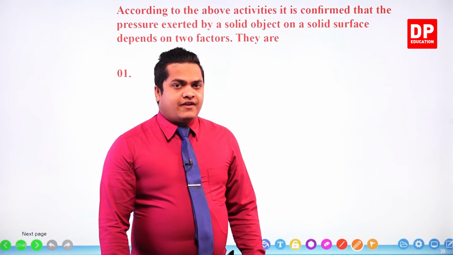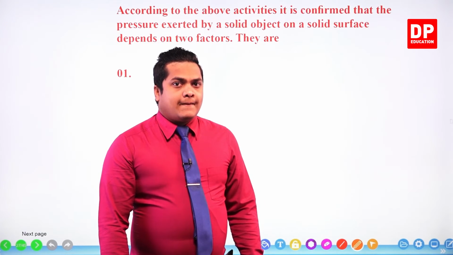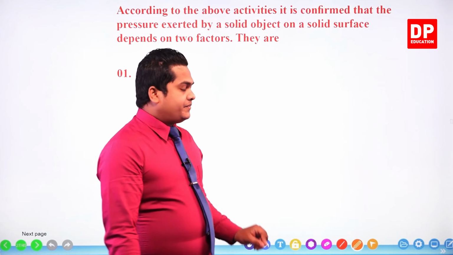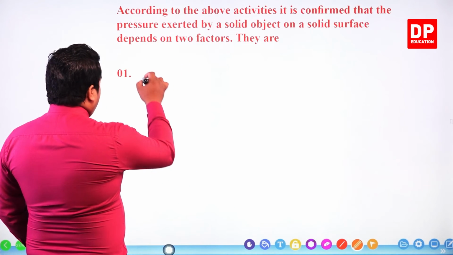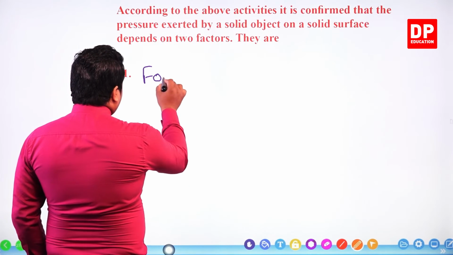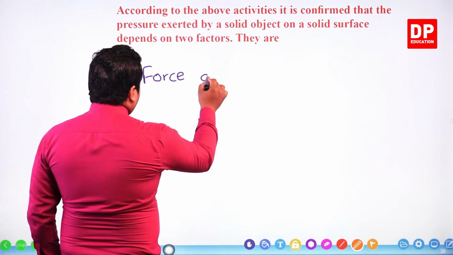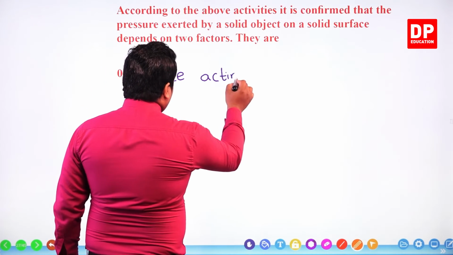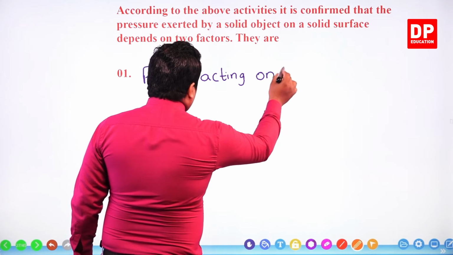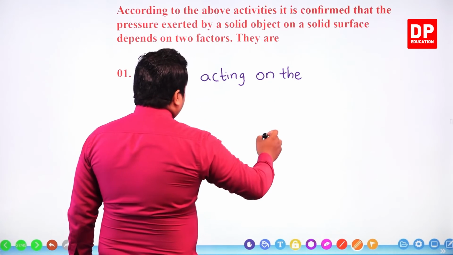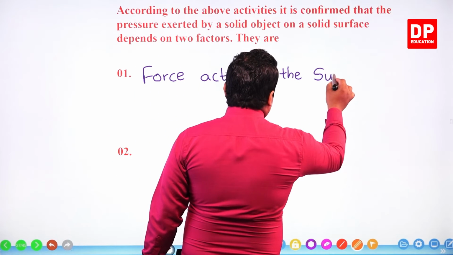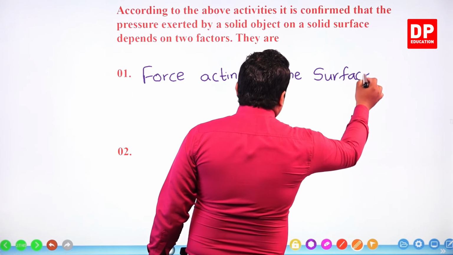There are two different factors that affect the pressure of a certain surface. First factor, force acting on the surface.